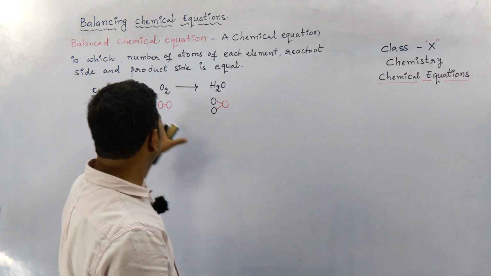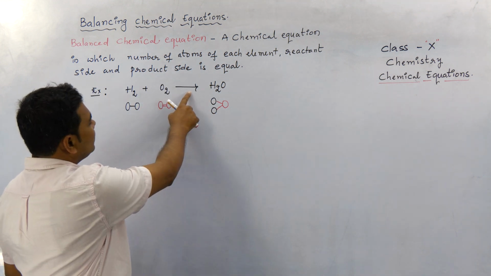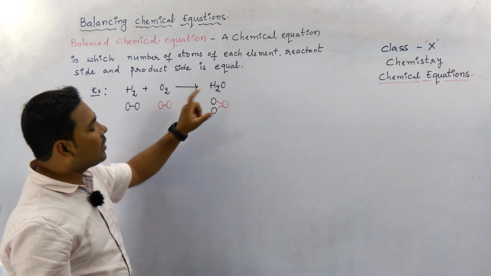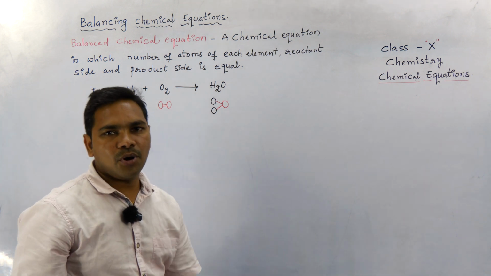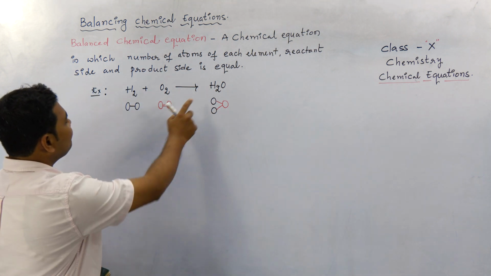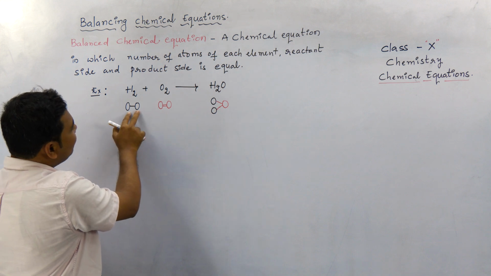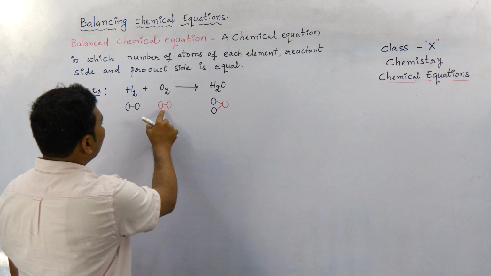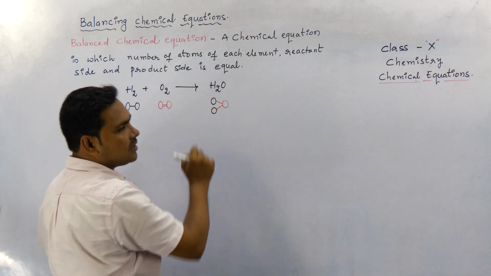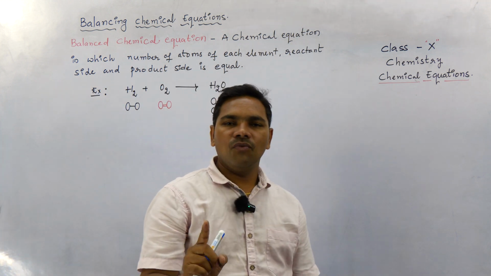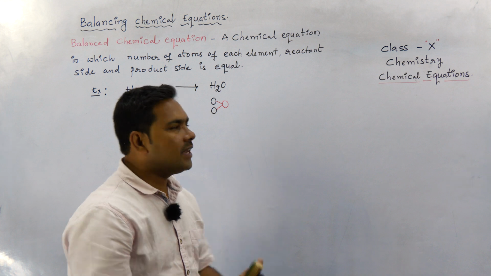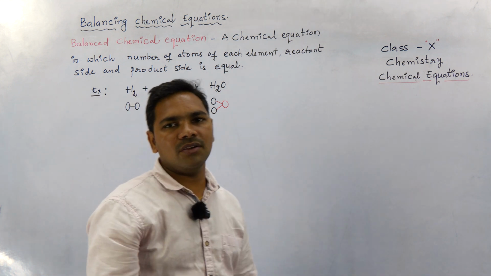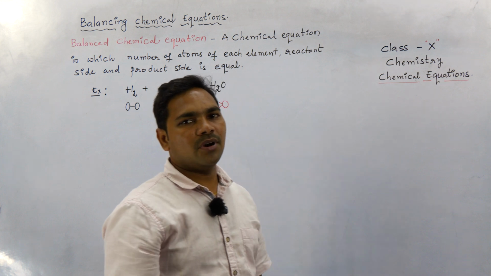On the left side of the arrow mark, we see reactants, and on the right side of the arrow mark, we see products. Now, the reactant side has two hydrogen atoms, and the product side also has two hydrogen atoms. The reactant side has two oxygen atoms, but the product side has only one oxygen atom, so the number of atoms of oxygen is not equal on the reactant side and the product side.